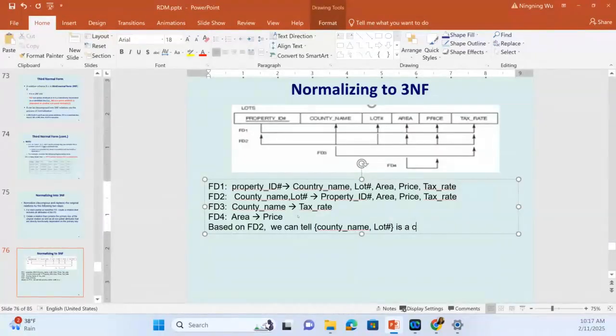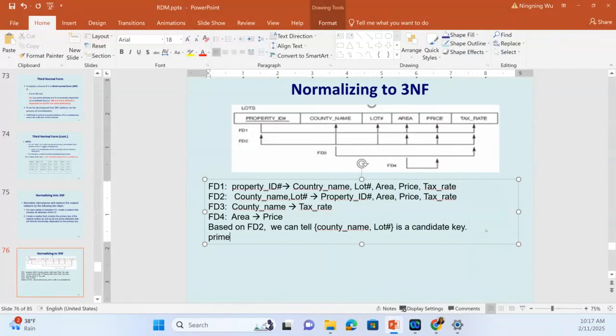In this case, it should be the candidate key, or the secondary key. So now we have two keys. Property ID is one key, and county name and lot number is another key.